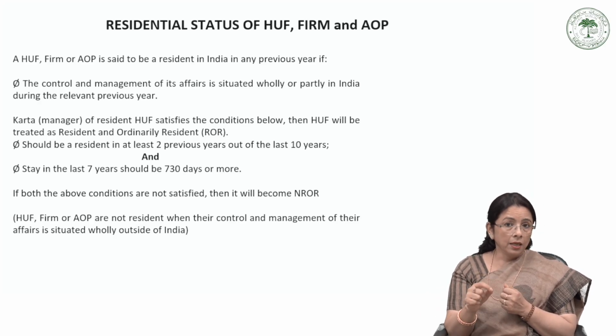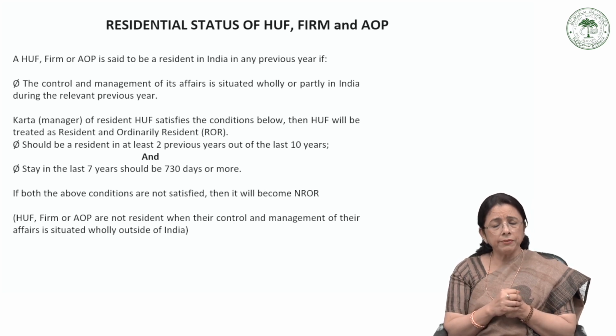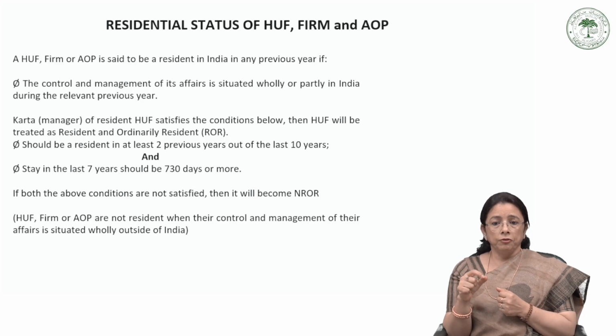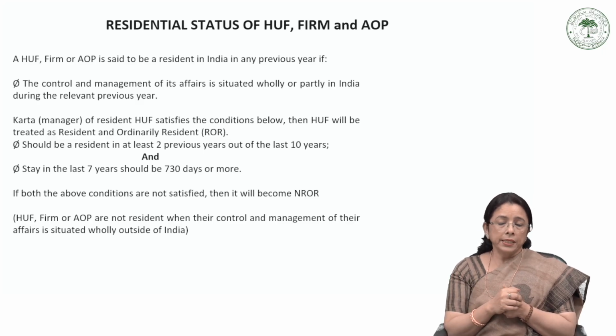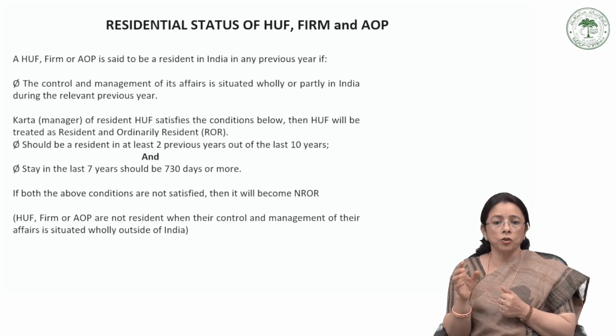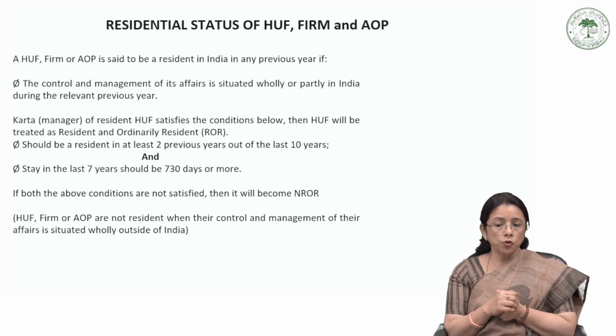Whereas for a firm or AOP, only the location of central management and control matters. A resident and ordinarily resident HUF is taxed on global income, whereas RNOR and non-resident HUFs are taxed only on Indian source income and certain Indian-controlled foreign incomes.